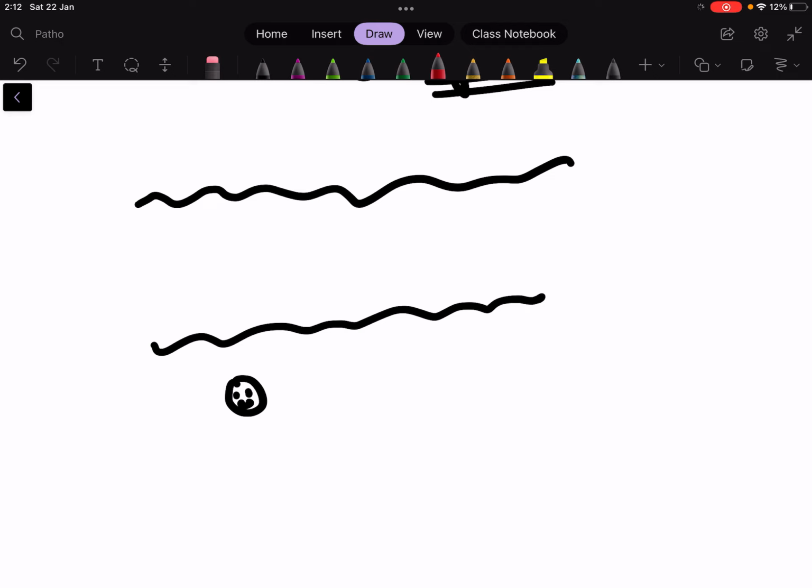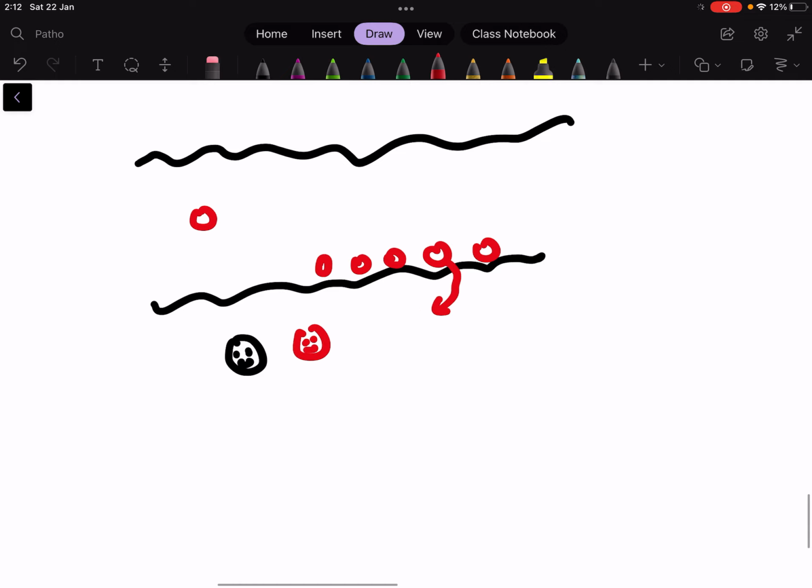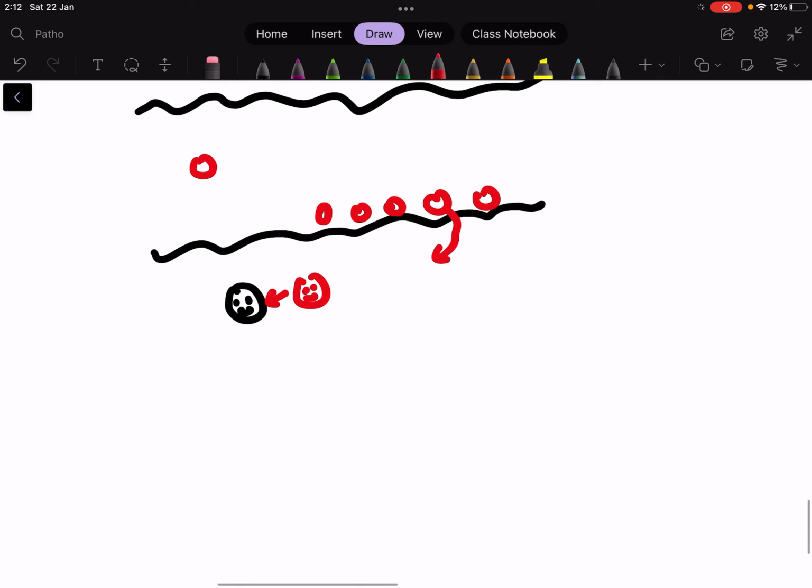The neutrophils have to stick to the endothelium, and once they stick, they will run towards the site of infection. There they will release certain types of cytokines, and these cytokines will attract the macrophages and the T lymphocytes.